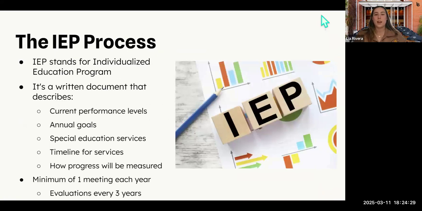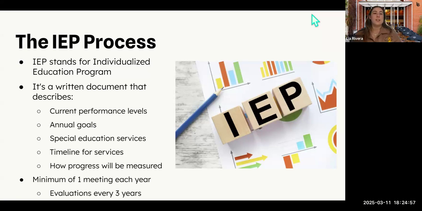And then following the actual IEP process, so Danielle briefly mentioned this is briefly the IEP process. The IEP stands for the individualized education program, and it's a pretty thick document that describes the student's performance levels, their annual goals, the services, timeline for services, and how progress will be measured.